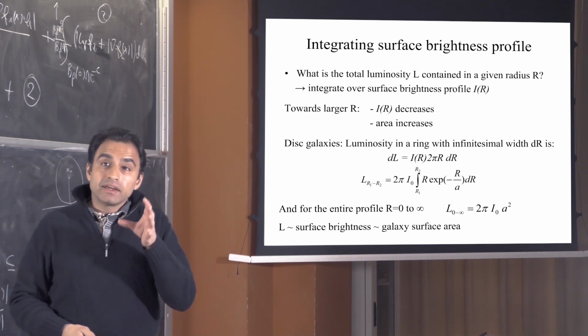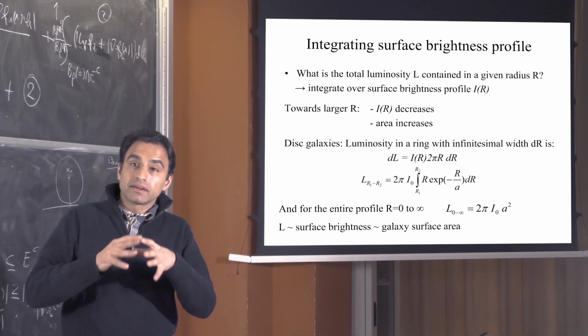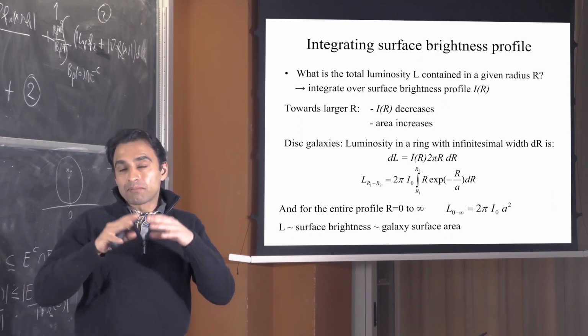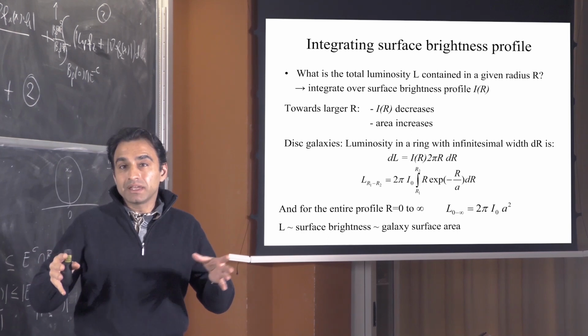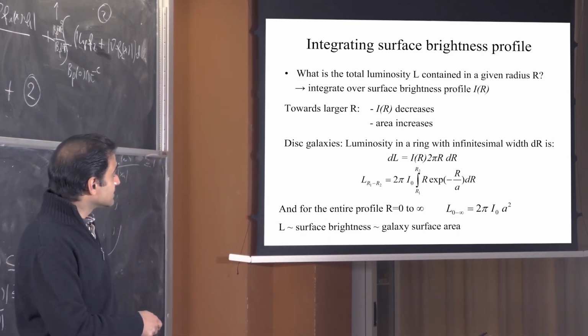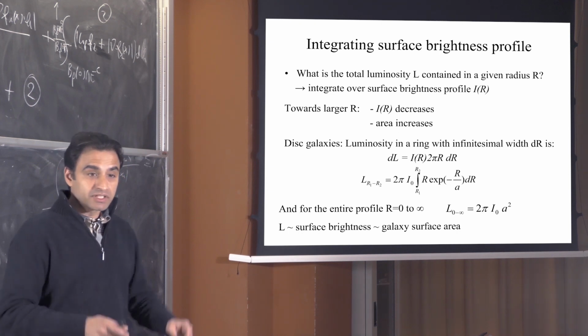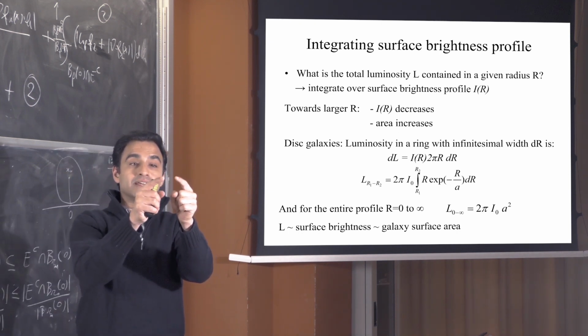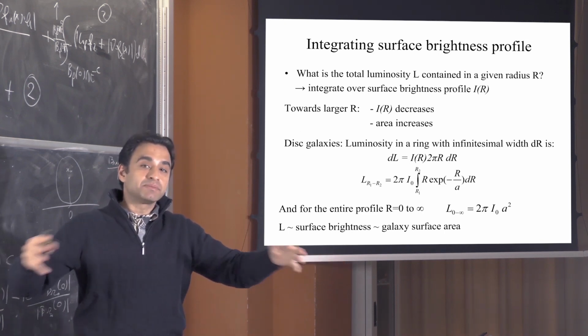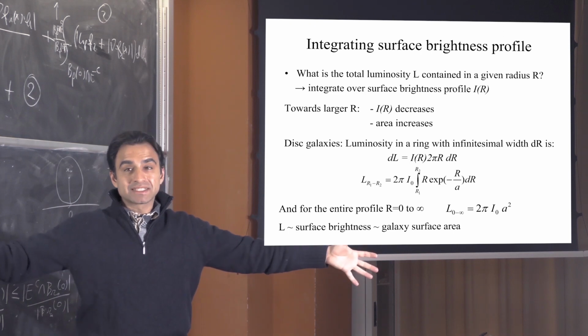So if you want to integrate a surface profile, you need to have some sort of mathematical formula that can be included in your integral. So you plug this inside your integral, and here you are integrating between 0 and infinity. From 0, meaning the very center of the galaxy, to infinity, meaning basically to very, very large distances.